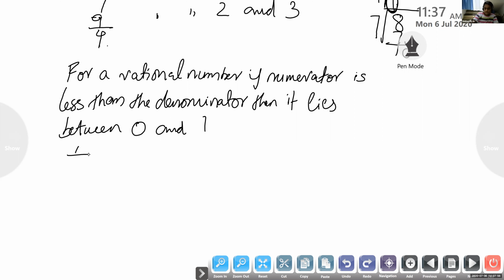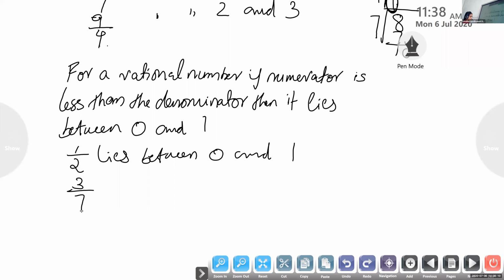Ma'am, 1 by 2? Yes, those examples you can write. 1 by 2 lies between 0 and 1. 3 by 4, 7 by 9, any examples you can write, lie between 0 and 1. 3 by 4 lies between 0 and 1.